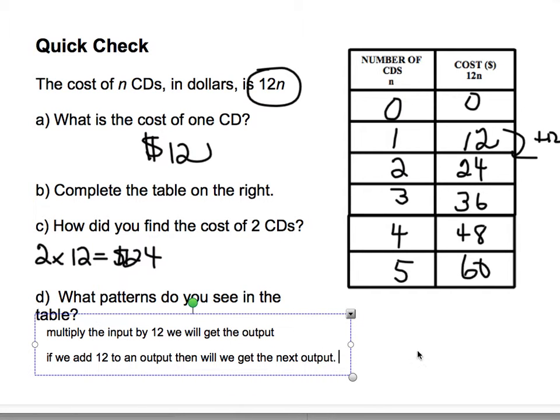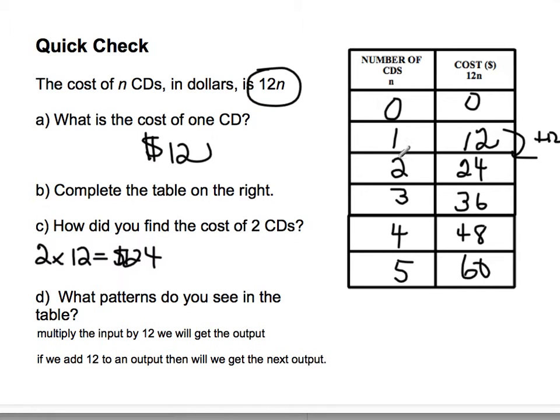So those are the 2 patterns that's review. We've talked about patterns that go this way, and that's the multiplying by 12, like the input to output, 3 times 12, 4 times 12, 5 times 12. Or we can look at output to output. So if you notice, all I'm really doing is adding 12 each time. So those are your 2 patterns.